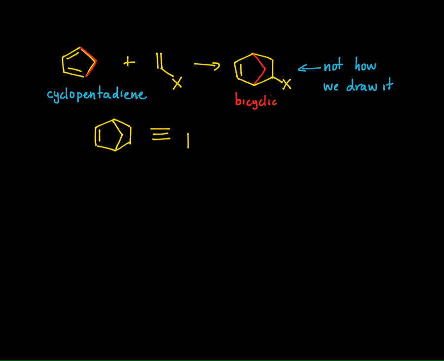So we draw it like this. I'm going to draw it kind of at an angle. So here's my boat, and then that methylene group is going to be right like that. And then I have my double bond, so it takes on this puckered shape. And this is called norbornene.